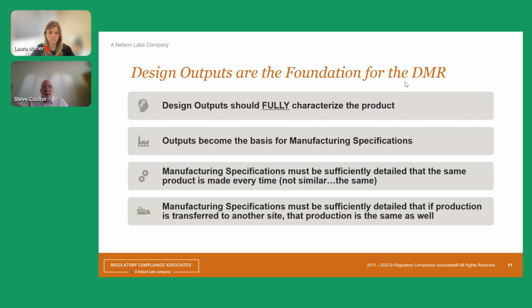The input from my manufacturing process, are the manufacturing specs. The design outputs are the foundation for the manufacturing specifications. They're not the same because manufacturing specs have more than just the characterization. There's more involved in that, but that's the handoff.